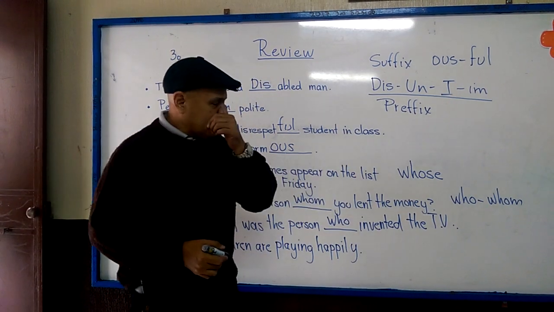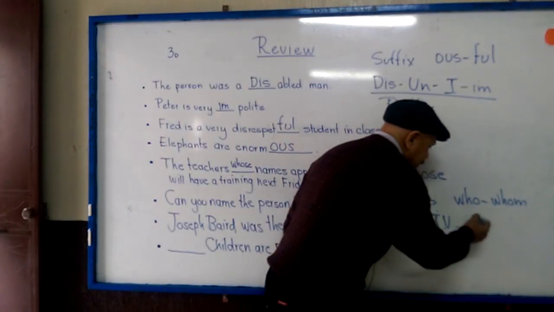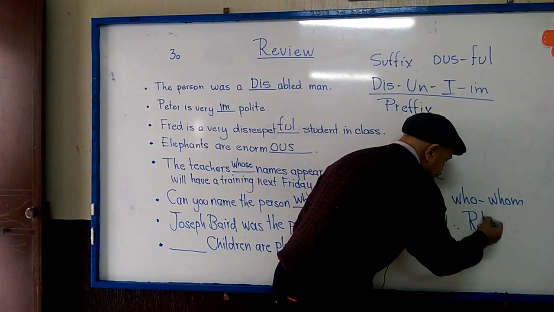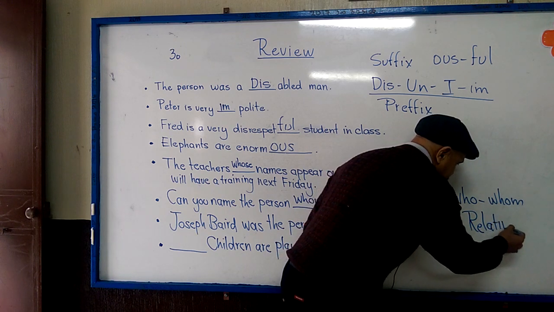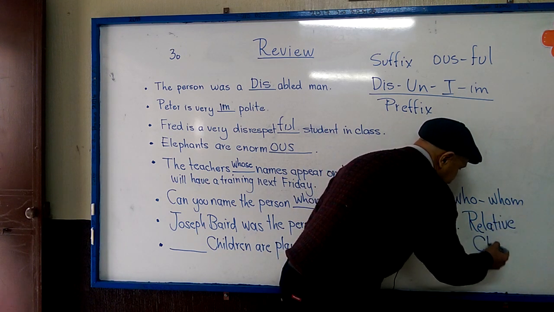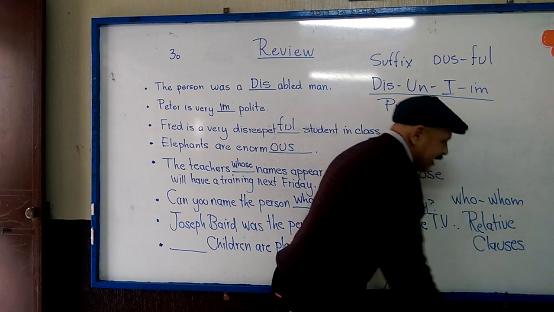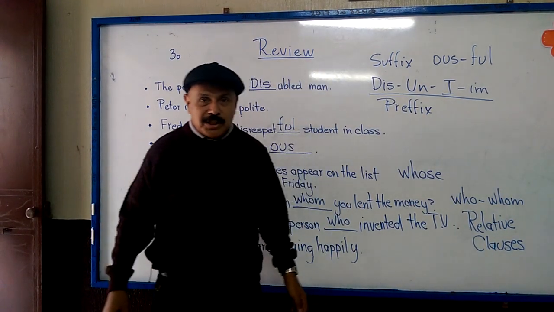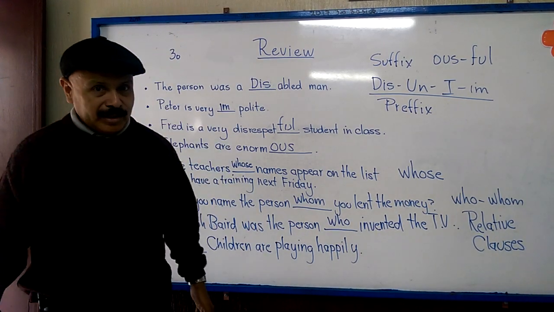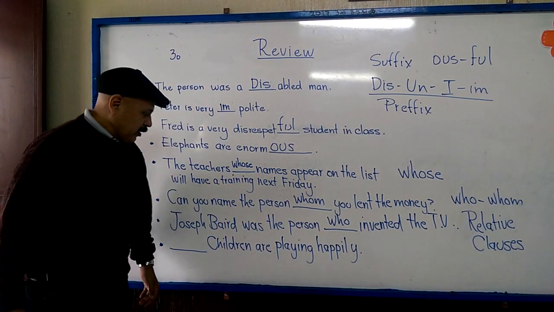Entonces tenemos que estudiar, en general, todos estos se llaman relative clauses. Y no está solo who, sino está whom, está that, está which. Eso también lo tenemos que estudiar más a fondo para su examen.